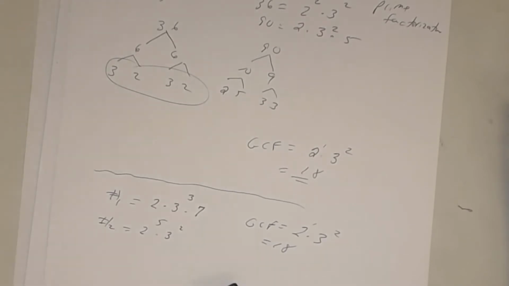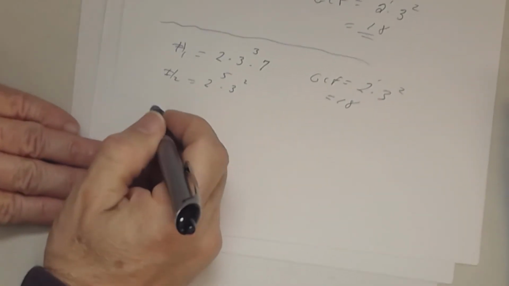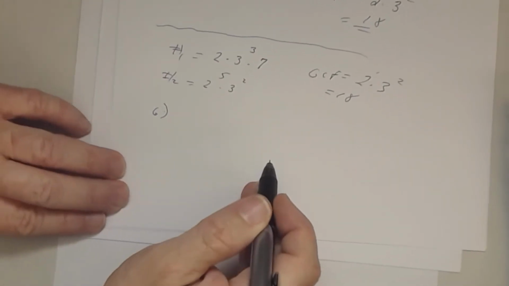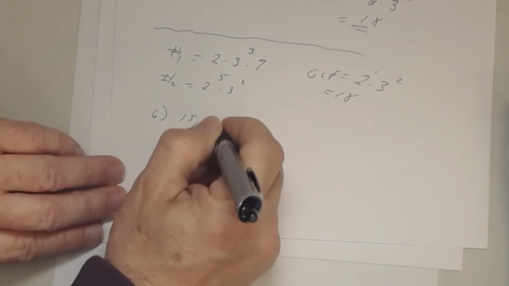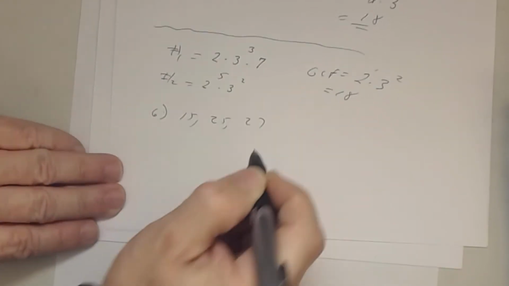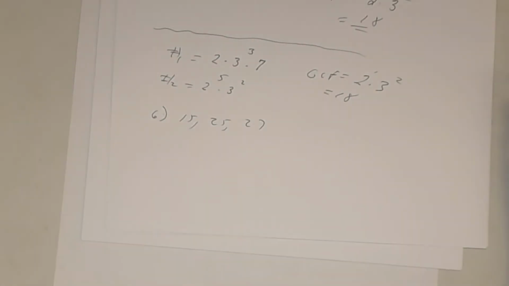All right, let's do one from the book. Let's look at number 6: 15, 25, 27. When factoring polynomials, the first thing you're always going to ask yourself is, what's the GCF of the numbers first?